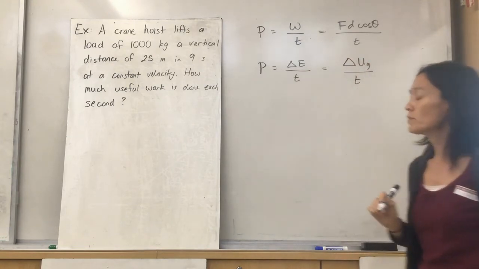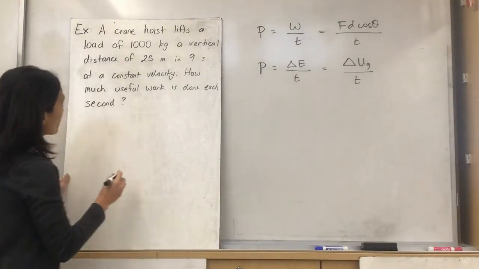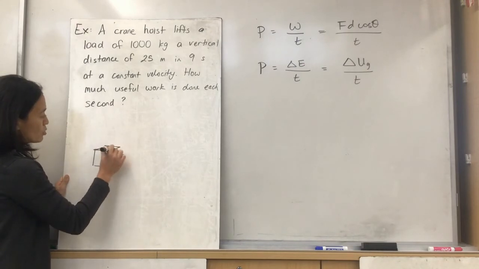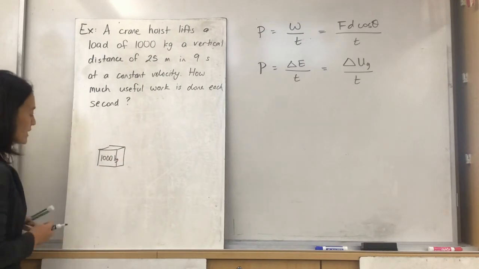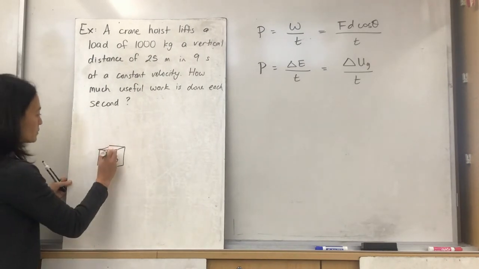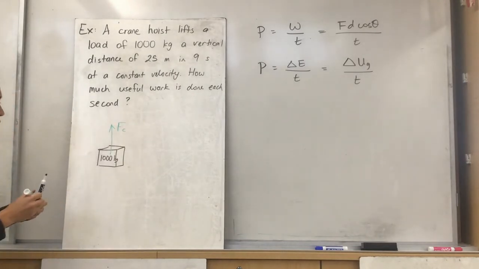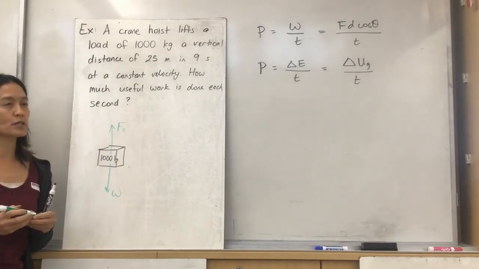So if I think about this crane hoist lifting this load, I'm going to make it a box because I can draw boxes. I've got 1,000 kilograms, and this crane is lifting it up. I'll call it the force of the crane. And there's the weight of the box itself that is pulling it down.